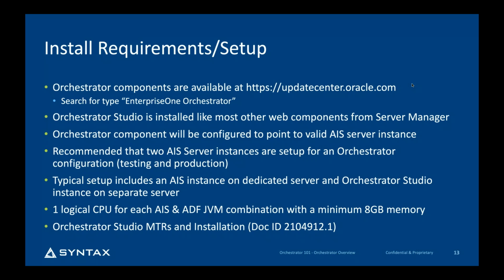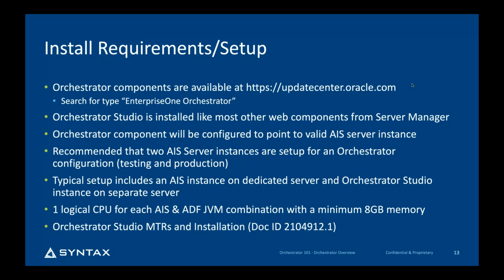The recommendation, and what we've seen with a lot of customers, is to have at least 2 AIS server instances set up. You can put testing on one, so DV and PY maybe on one server, and then segregate the production server off to the side so that nothing is affected. If you're doing a heavy testing load, it doesn't slow down that server and in turn impact the production instance.